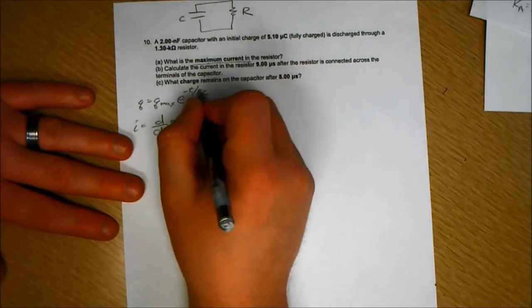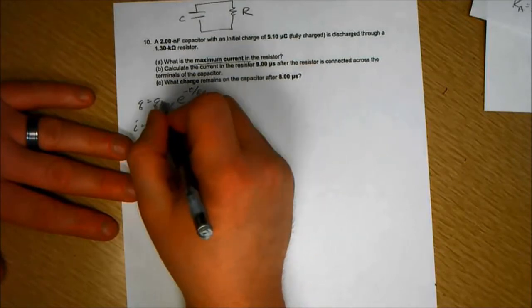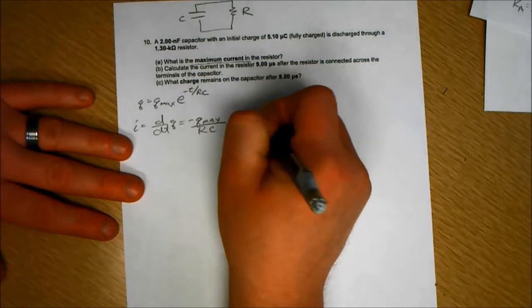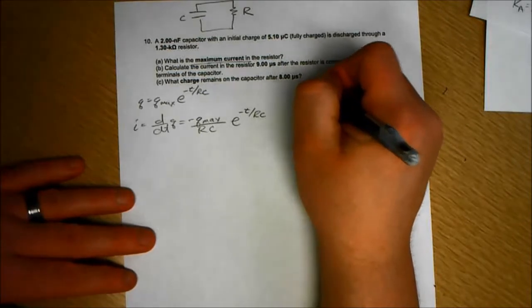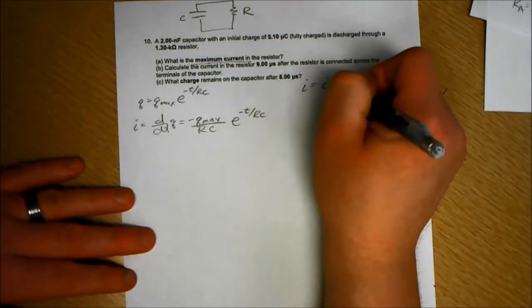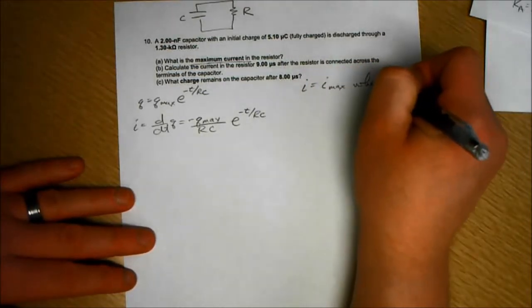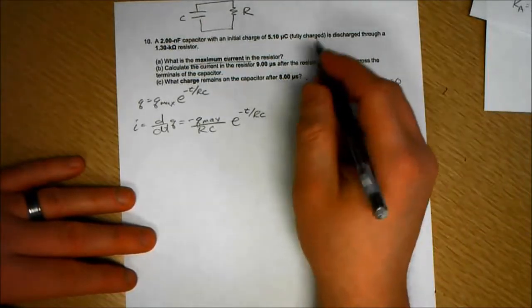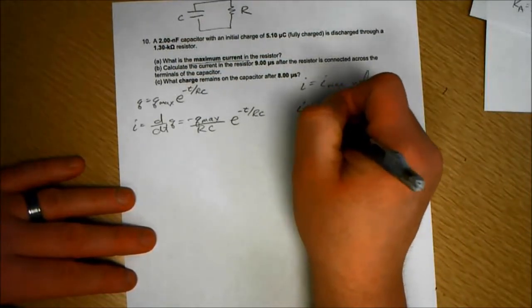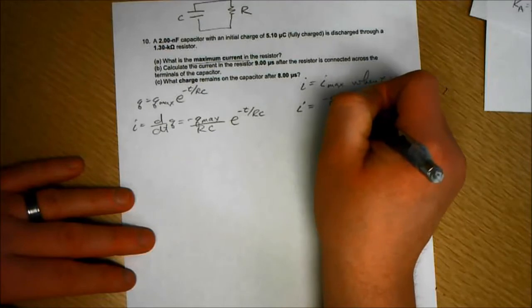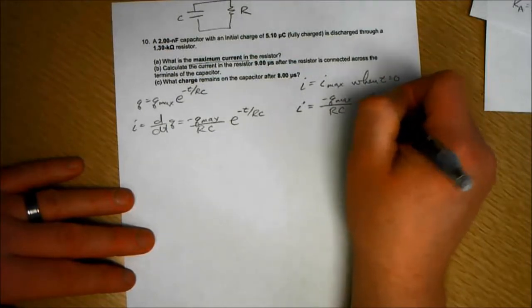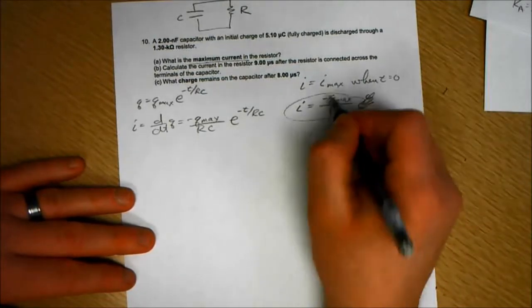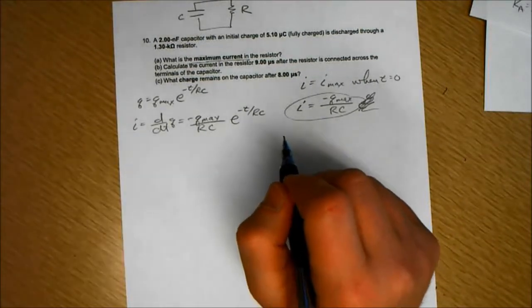When I differentiate this, I get negative 1 over RC that comes down, e to the negative t over RC. So I equals I max when t equals 0. At that point, I equals negative Q max over RC times e to the 0th, which is just equal to 1. So your I max is that right there.